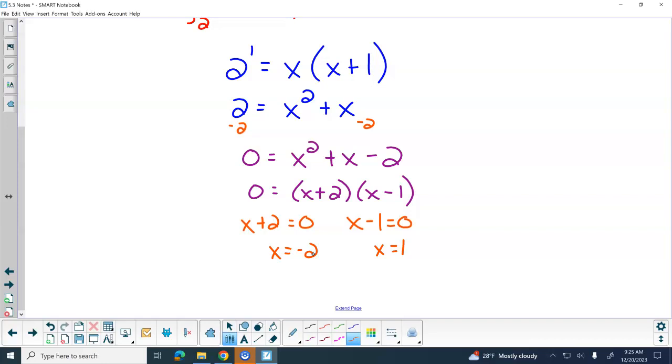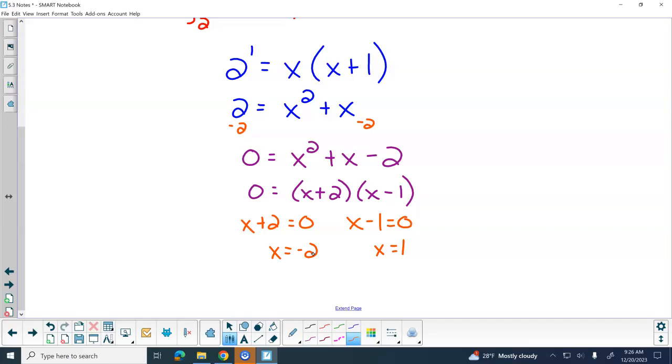You have to check both of them because one or both might drop out. If they both drop out, what's our answer? No solution. If one of them drops out and the other one works, then just that one is our answer. If you give me both of them and one of them is extraneous and doesn't work, you be wrong. And you're going to say, but I did it right. I'm going to say, yeah, up until step 4.